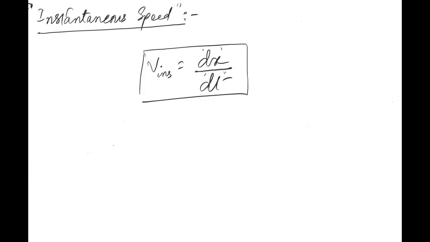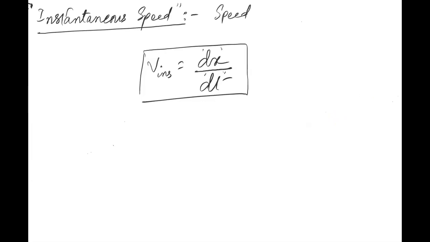Is it clear to everyone? That means whenever you have to find the instantaneous value of a speed, you will just differentiate x with respect to time, where x is distance. ठीक है, तो मैं लिख देता हूं definition.